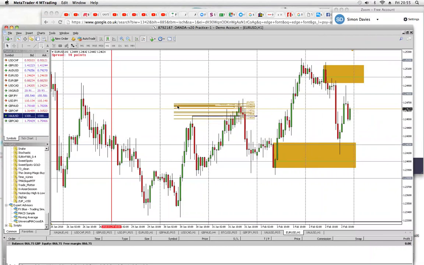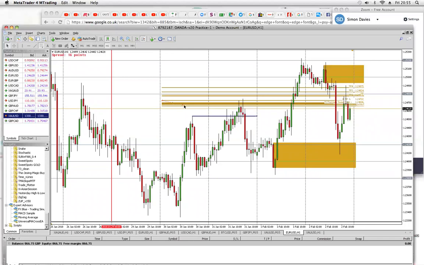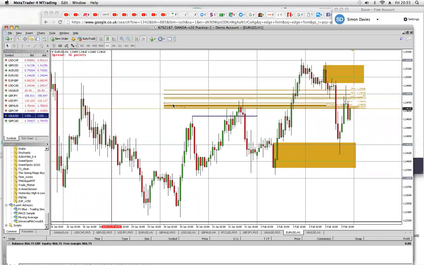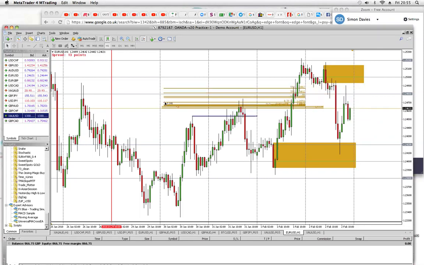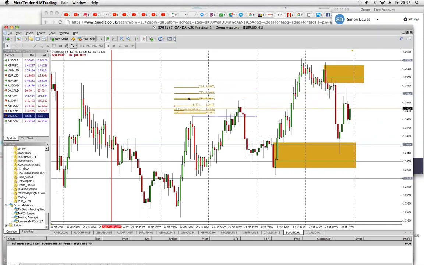This is a fib, but I'm just showing how the market makers would see this high here. They would see all the stops and orders as well. So buy orders would be above here for breakouts. So it did get triggered here, and then the market would go against them.